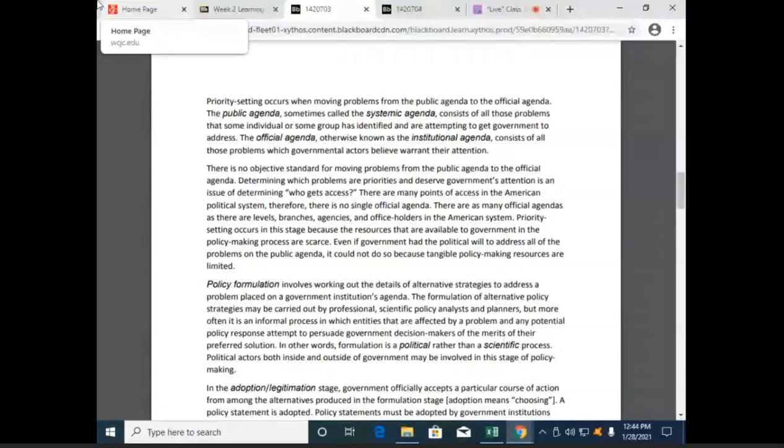Are the problems on Congress's agenda always identical to the problems on the president's agenda? Of course not, right? There's maybe considerable overlap, but they're not identical, right? And are the problems on the president's agenda identical to the problems on the Supreme Court's agenda? Of course not, right?